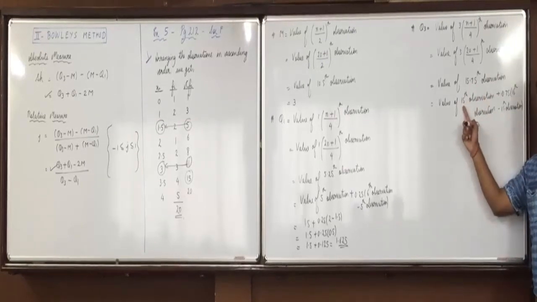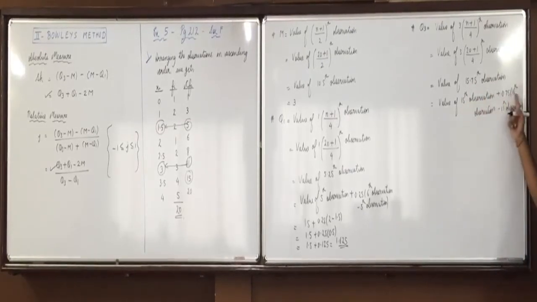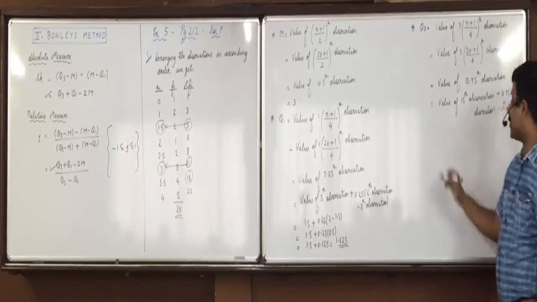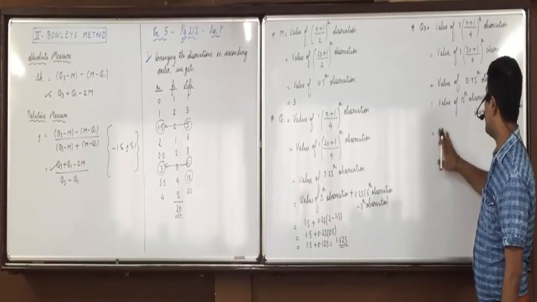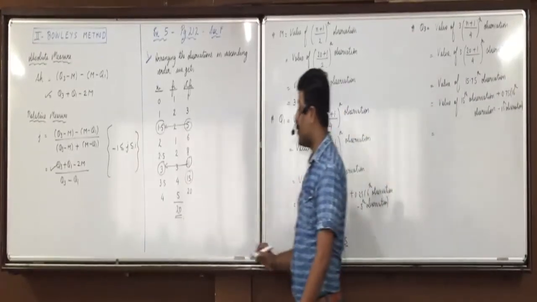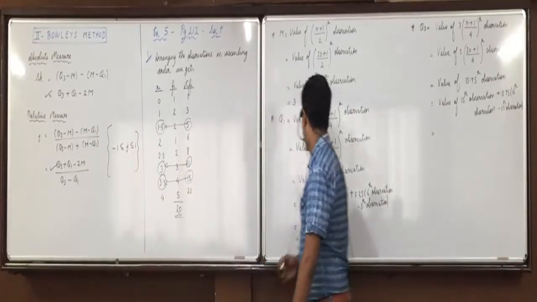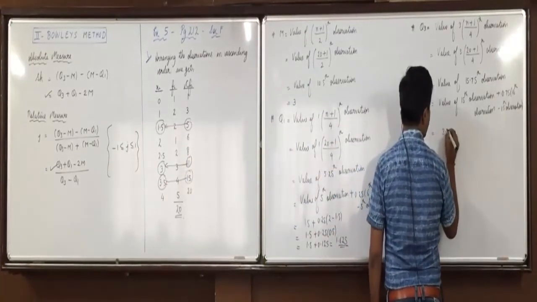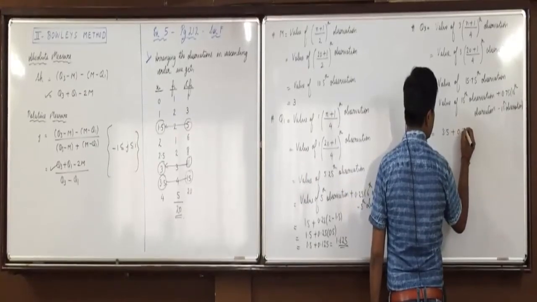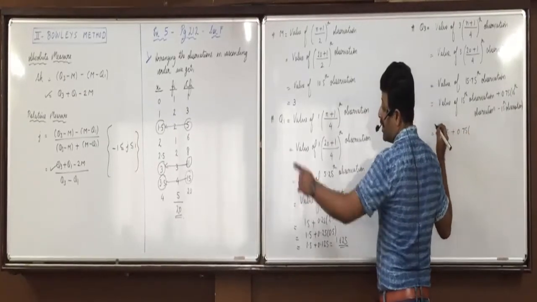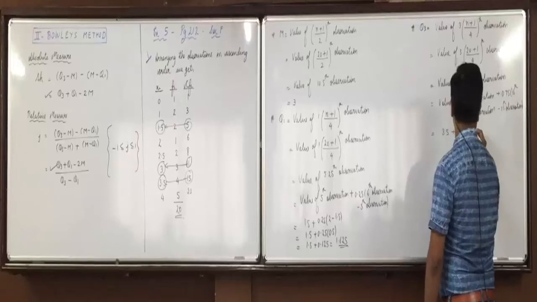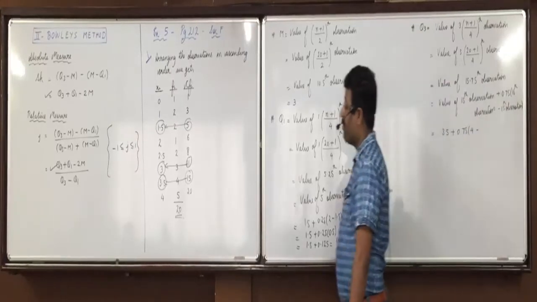15.75, so the 15th observation, then plus 0.75 after 15, 16th minus 15th. So the value of the 15th observation is, what is against 15? 3.5 plus 0.75 bracket. What is the 16th after 3.5? It is 4.